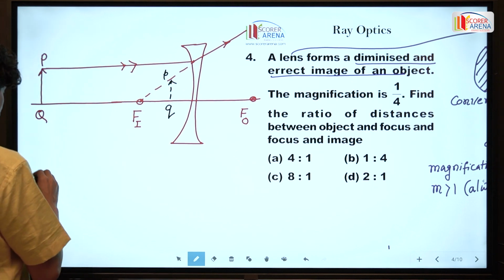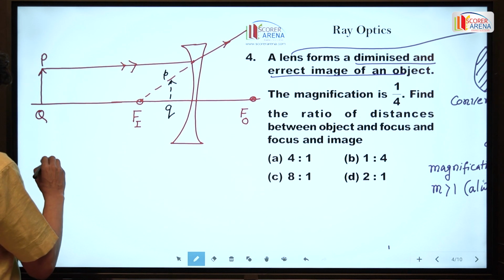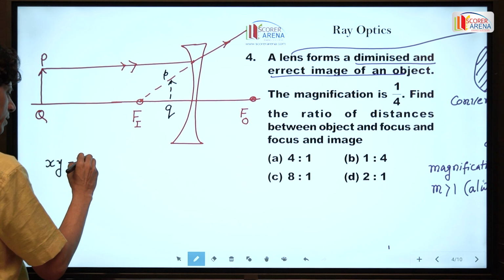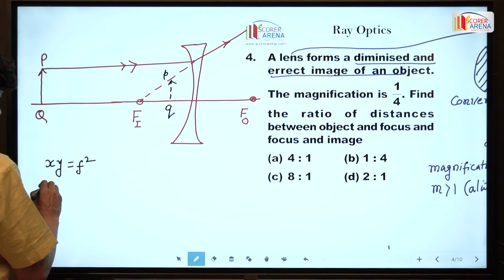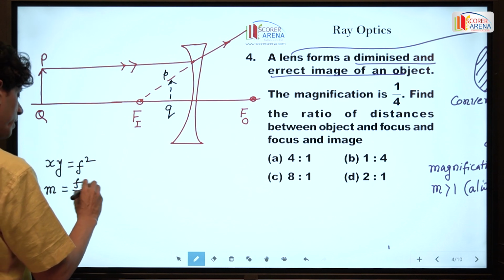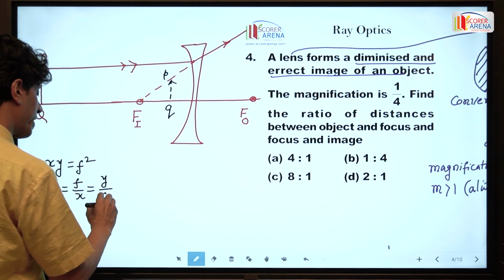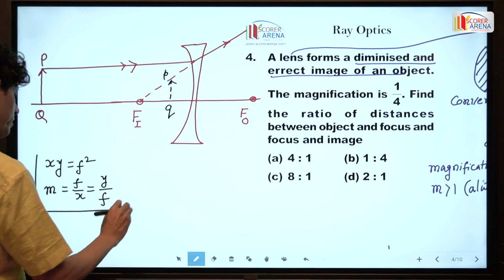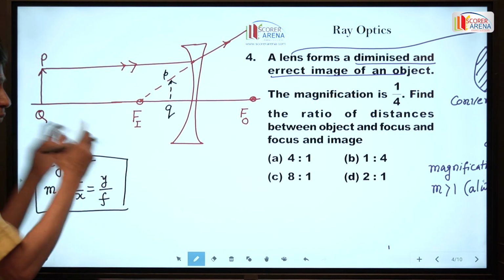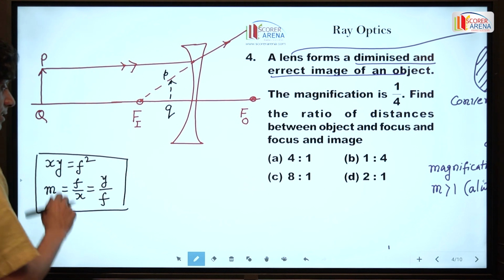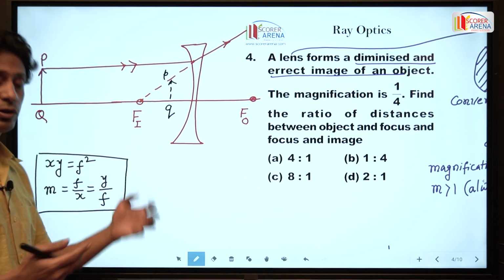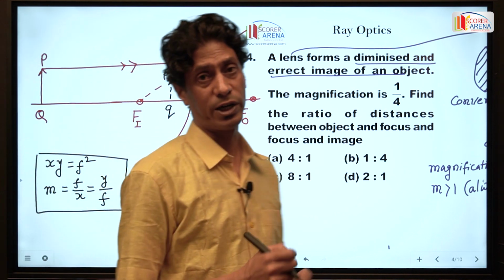According to Newton, xy is equal to f squared, and magnification m is equal to f by x is equal to y by f. This is the equation, and all distances are measured from the focus. x is the object distance measured from the focus, and y is the image distance measured from the focus.